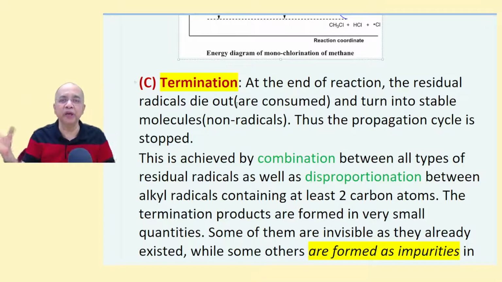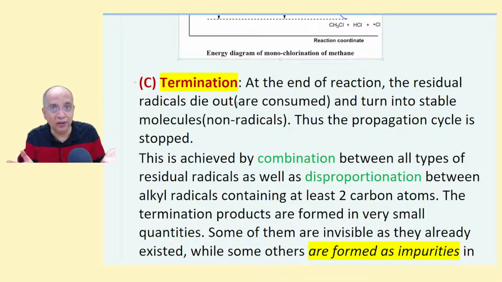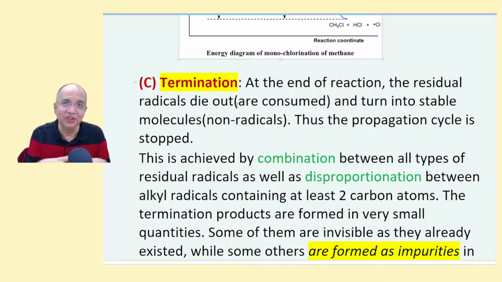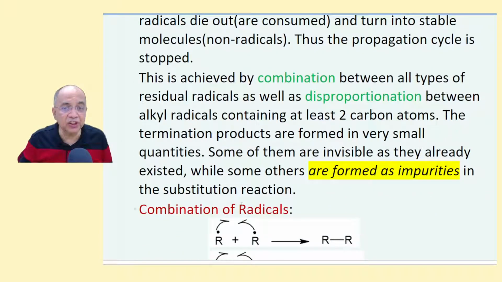Finally, the time comes when the residual free radicals combine with each other. They will die out, because free radicals are unstable species. Although they are neutral, they are not stable species. So they have to die out and form stable molecules. The way they die out is called termination of radicals. So at the end of the reaction, the radicals can combine with each other.